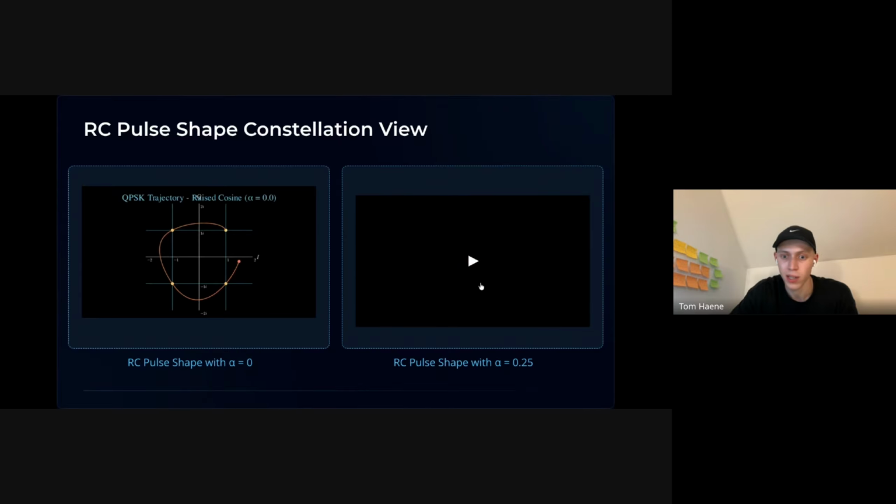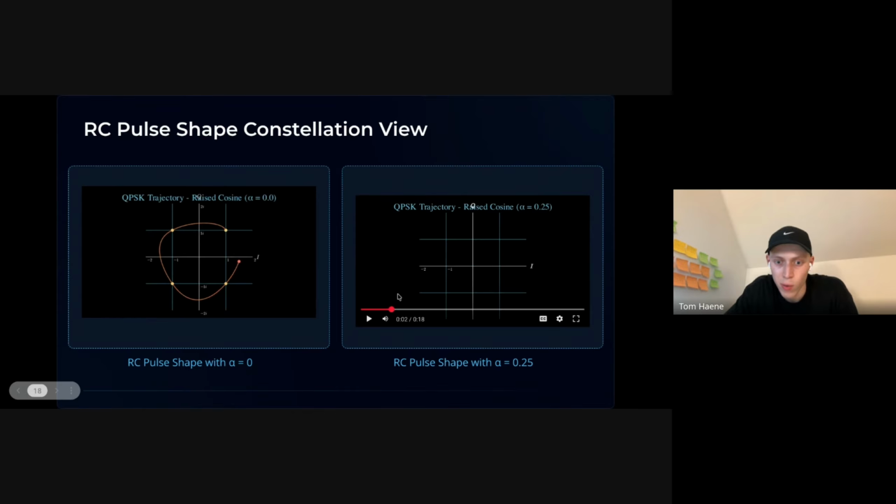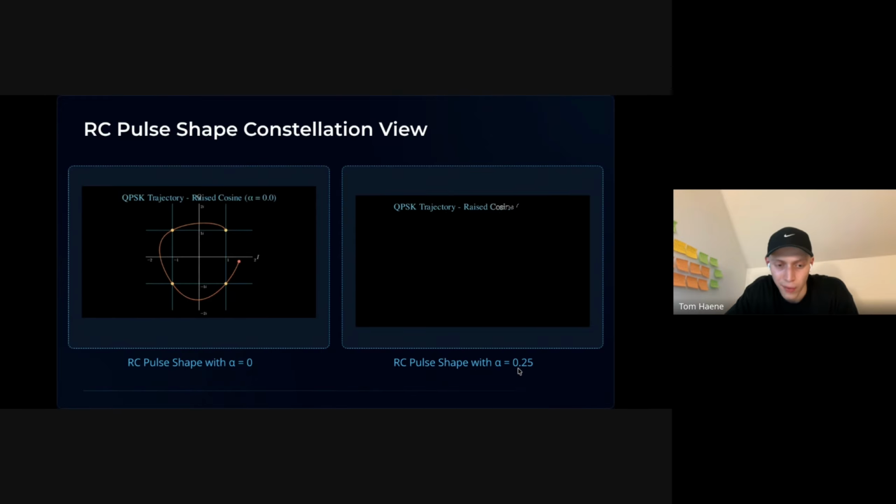Now let's look at 0.25 and see how it changes. Before I show you, remember what we're changing with the alpha: we're increasing the bandwidth and decreasing the side lobes, so it's increasing the decay. We should see smaller lobes, but let's see what we see. Okay, it's not too different.